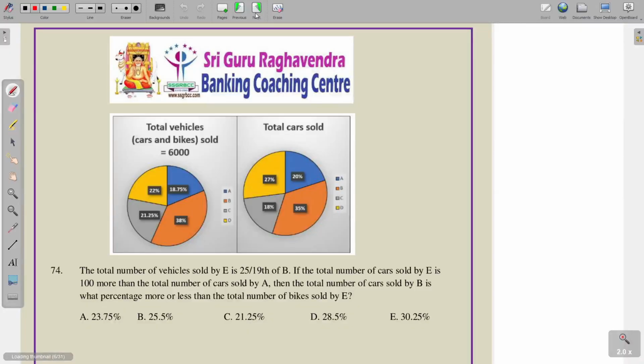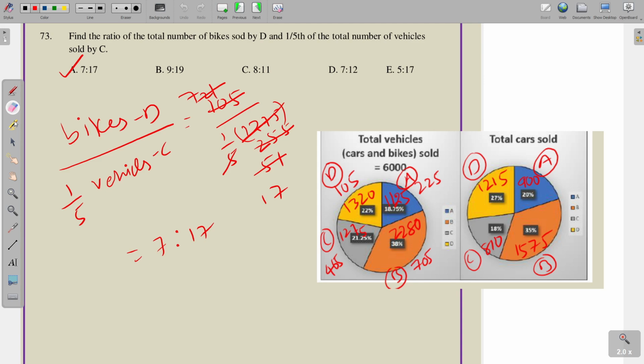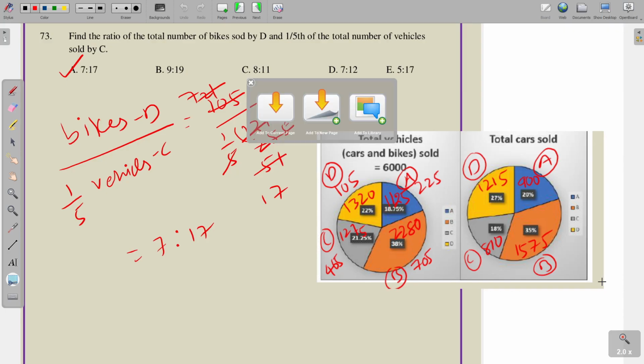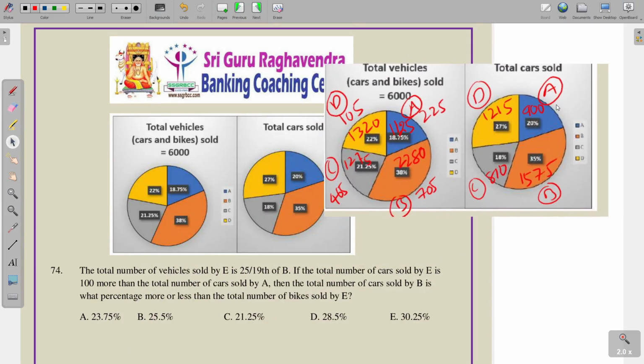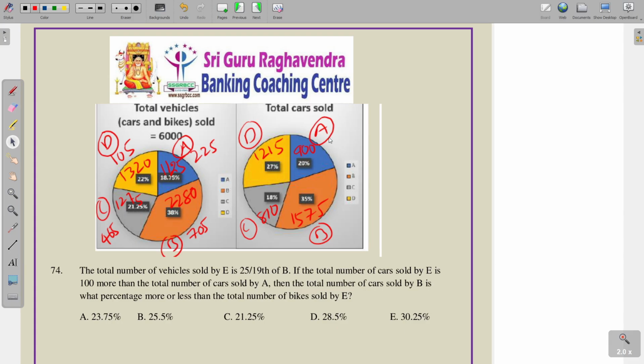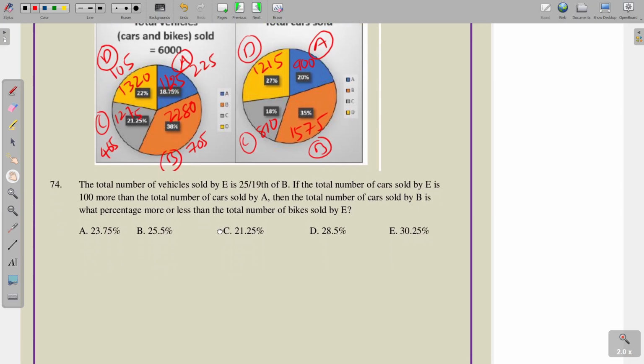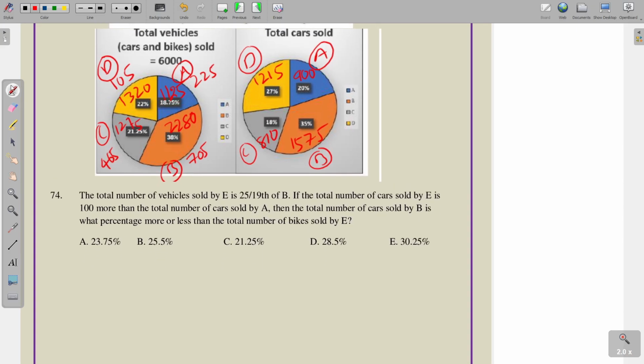So, next, and this also. The total number of vehicles sold by E is 25/19 of vehicles B. Vehicles B is 2280.